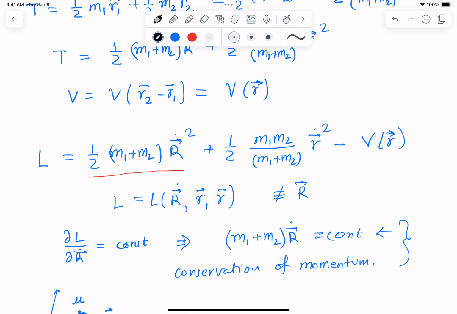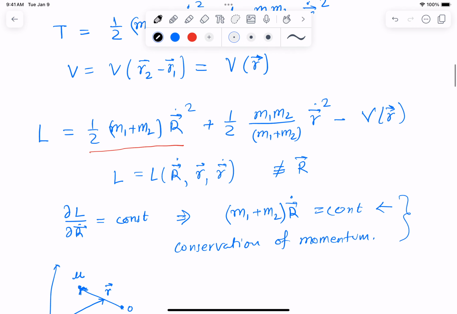It does not depend on capital R, which is the center of mass. So that told us that the momentum is conserved. And we reduced the problem from 6 independent coordinates to only 3 independent coordinates, which was the relative position R.